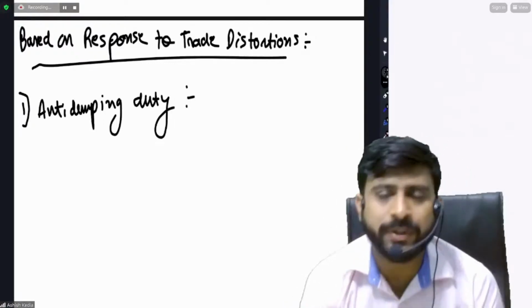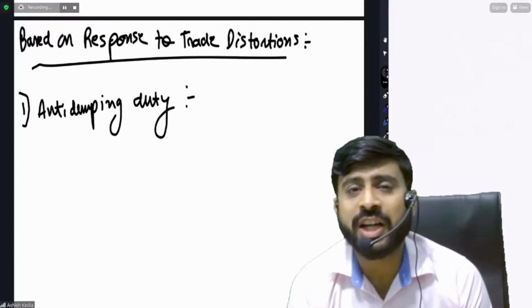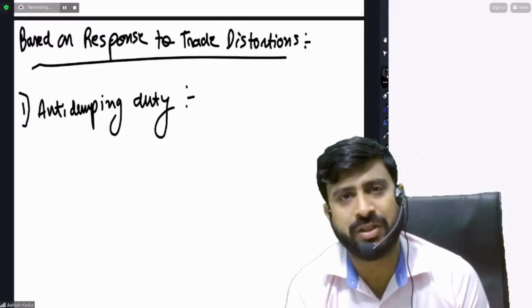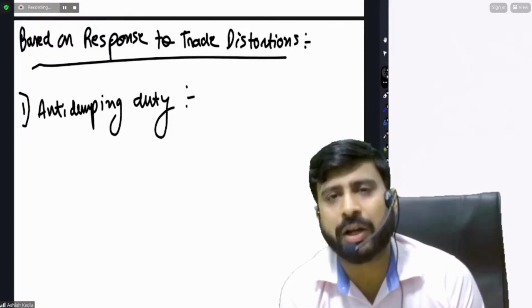So what is anti-dumping duty? It basically makes the product more expensive. Basically tries to kill the impact of dumping.